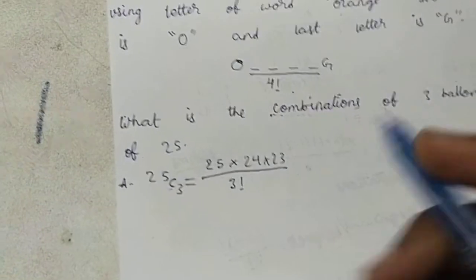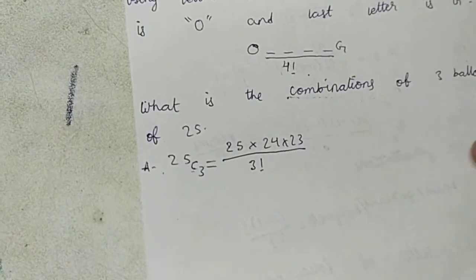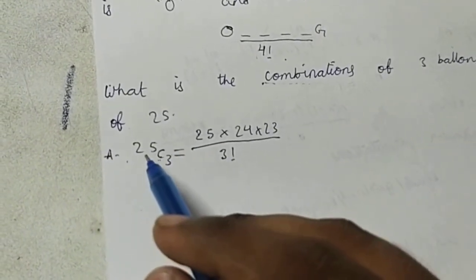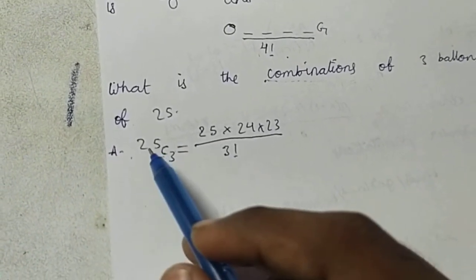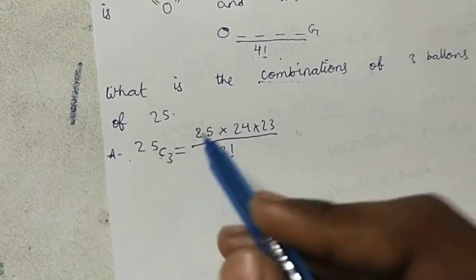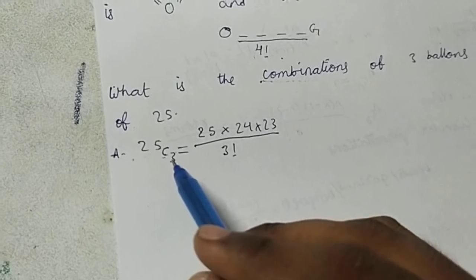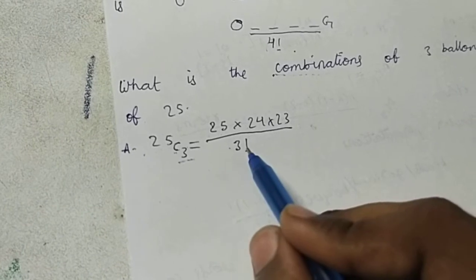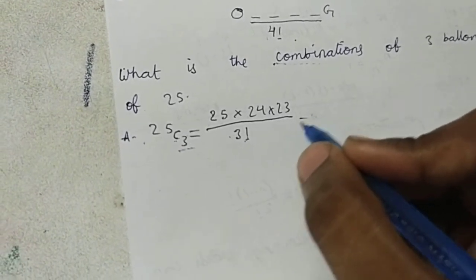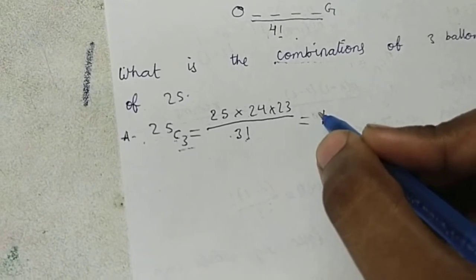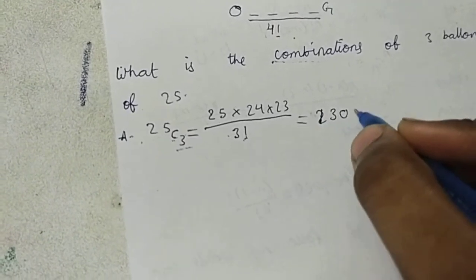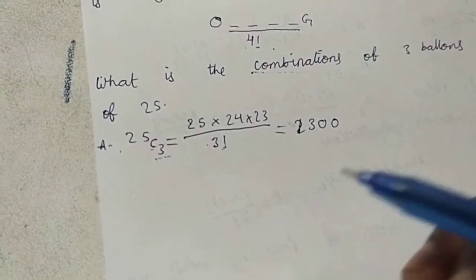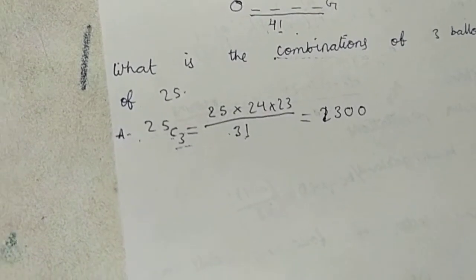We already discussed the formula of nCr earlier. Here the r value is 3, so we take 3 terms divided by r factorial. By solving this we get the answer 2300. In this way we can solve the questions when they belong to combinations.